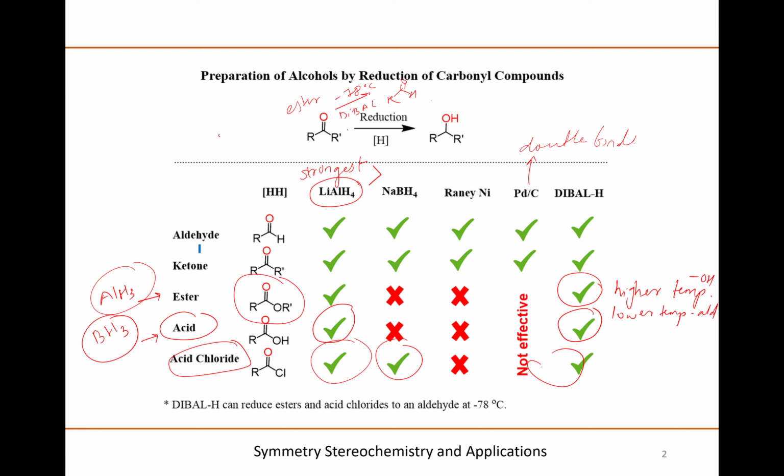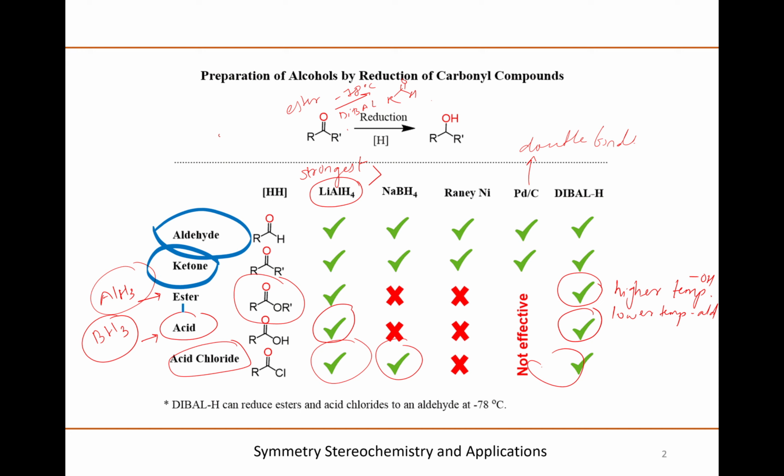In case of the aldehyde, all the reducing agents can reduce it, which includes lithium aluminum hydride, sodium borohydride, Raney nickel, palladium charcoal, and DIBAL-H, right? And we have discussed that ketone could also be reduced by all the other reducing agents.